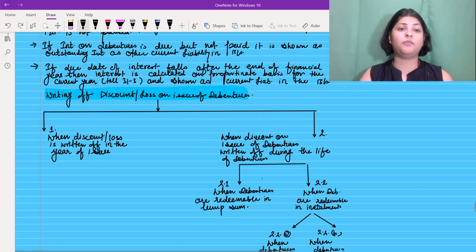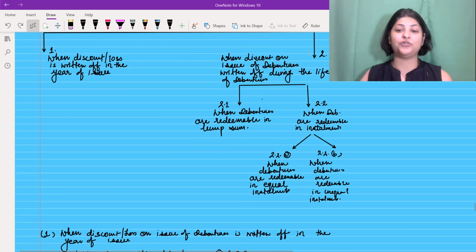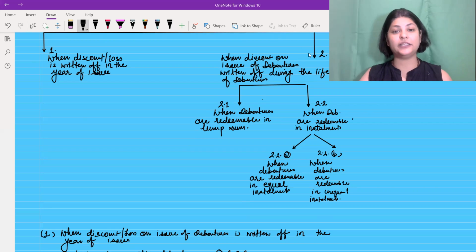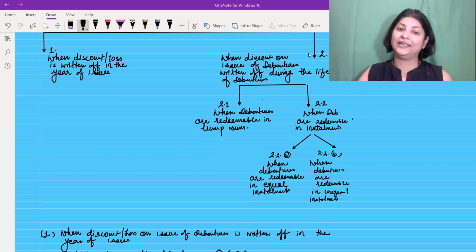But this is also a possibility which you can see in 2.2, when debentures are redeemable in installments. How can the installments be? Installments can be equal, as per my example, 10,000 each year, or installments can be unequal as well. Let's say 20, 30, like that. So in all these cases, we have to see how we are going to pass the entries related to writing off the loss on issue of debenture. Let us see that.